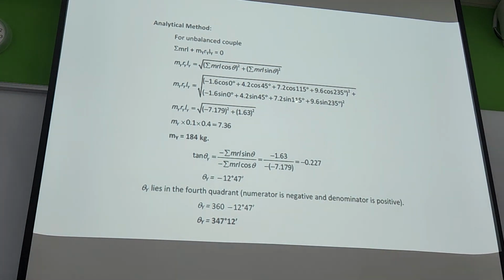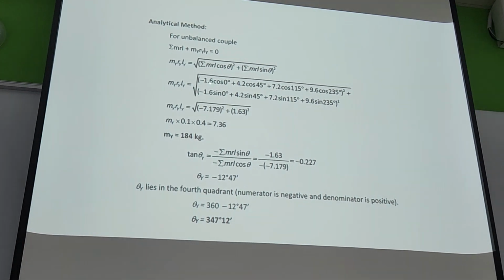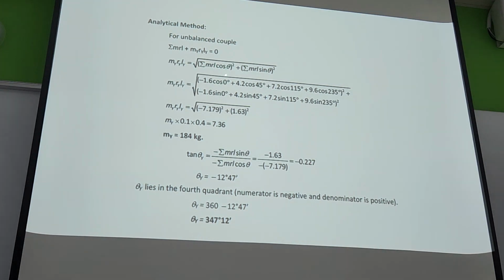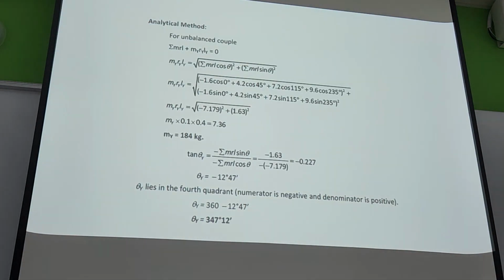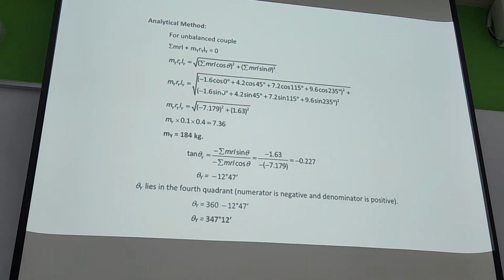So the data is shown here. The first one is M1, R1, L1 into cos theta. For mass M1, theta is 0, so you can refer to this. L1 is 100 mm, RA is 100, so MA into 200 into 80, 160. It is taken as 1.6 here, with correction factor 1:100.